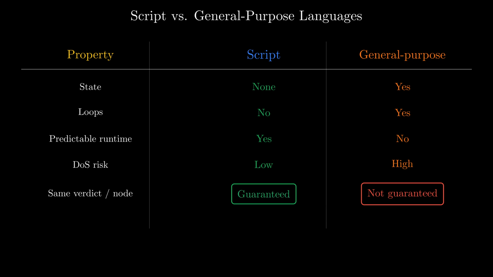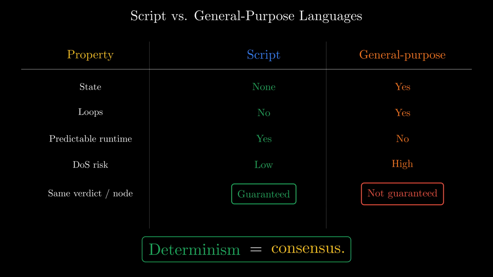Identical inputs always produce identical outputs. That property, global reproducible agreement, is what makes consensus across thousands of independent nodes possible. Without it, two honest nodes could disagree about the same transaction, and Bitcoin's shared ledger would fracture.